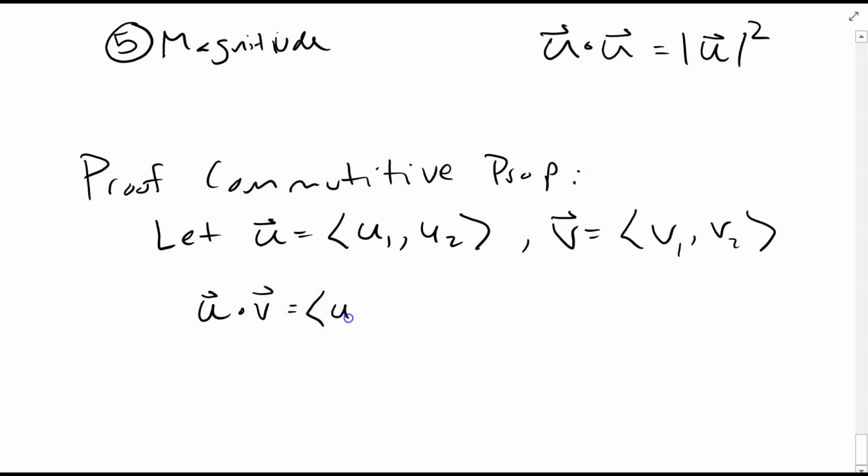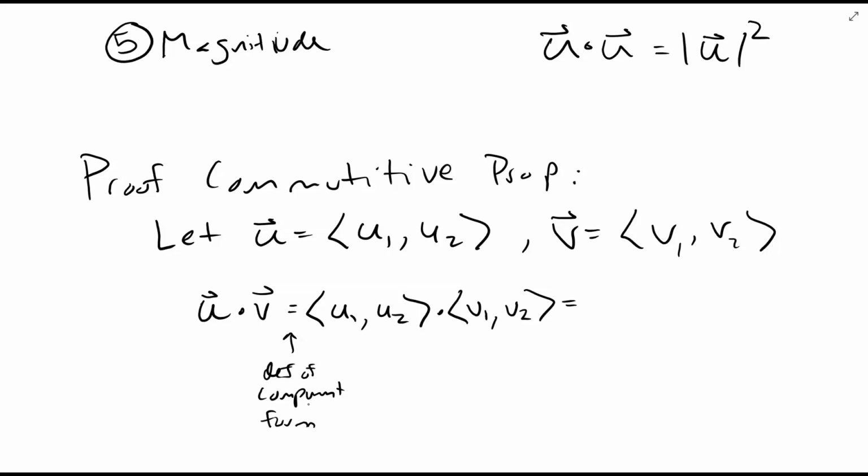So first thing I'll do is convert into this component form representation for my vectors. I can say that that equality is true because it's just the definition of components, right? I've just substituted in the vector for its component form.